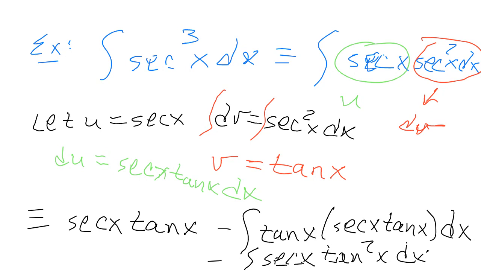No, that's positive odd integer, so it's even. What case is this? Case 6? Case 6 is tangent to the nth power of x times secant to the nth power of x, where, no, that ain't it either, because that's where the second one is even.